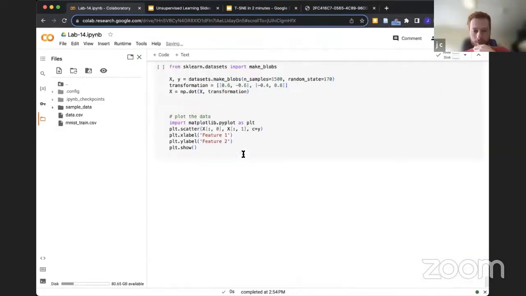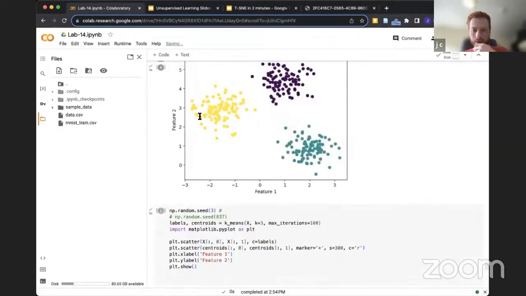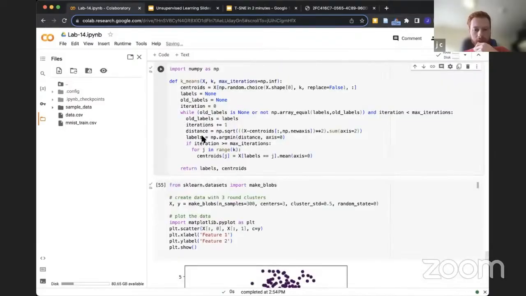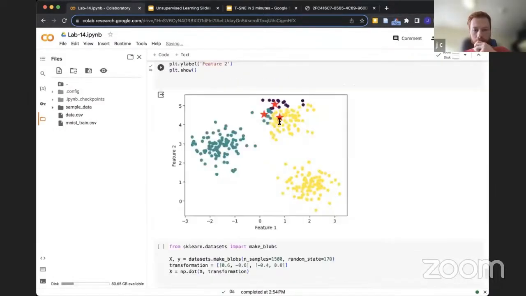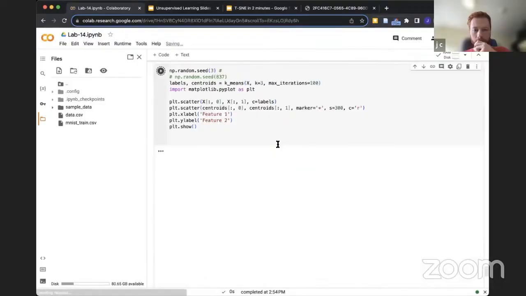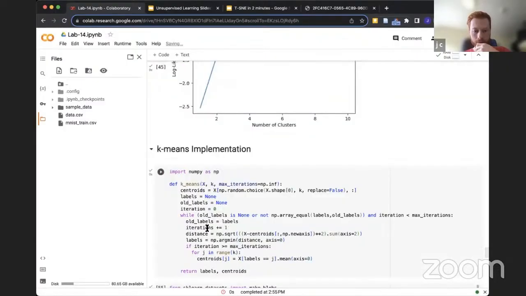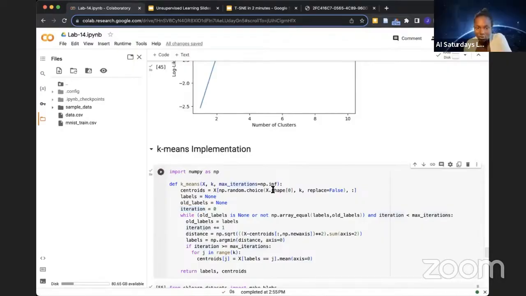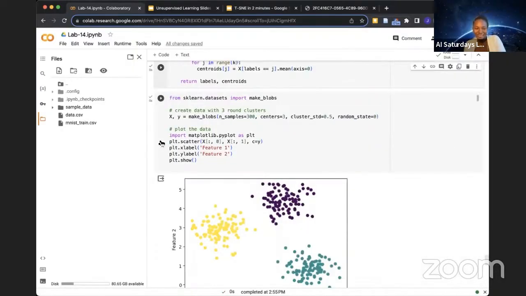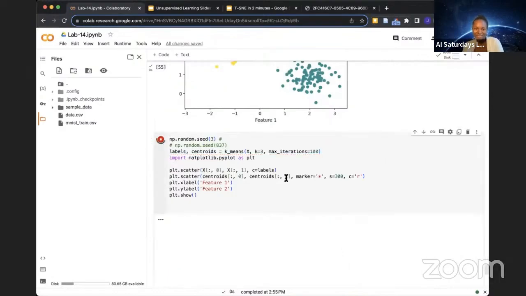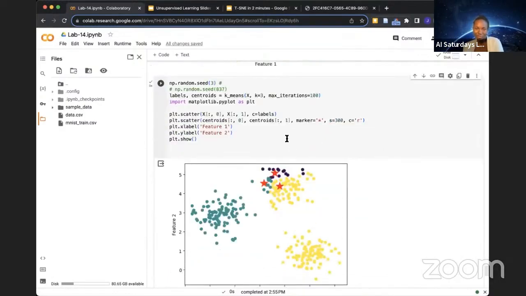Yes. Just quickly, let me check. The name now is supposed to be iteration. Should be fine.